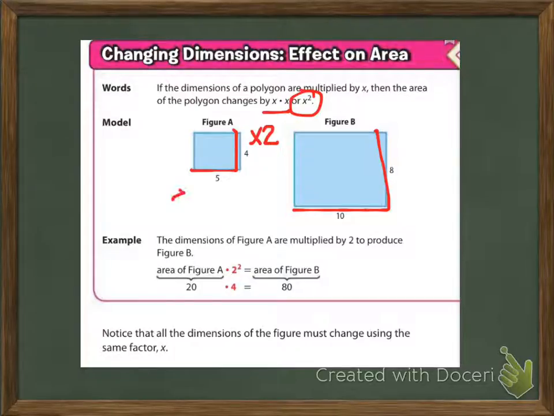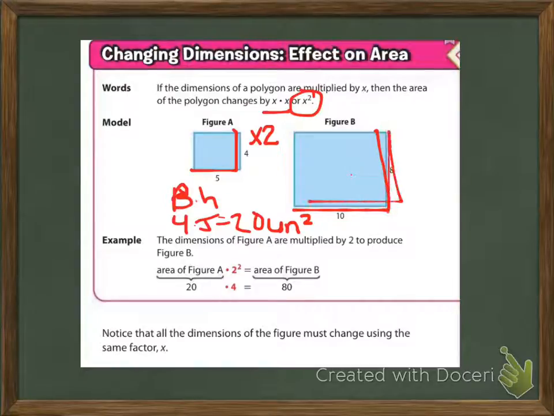So we know this is base times height, 4 times 5, so we've got 20 units squared. Sorry, this is not easy to write. 20 units squared. We're not just going to times 2 and say that that's the area of figure B, because it's not going to work.